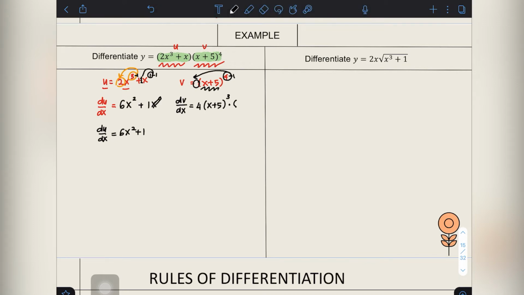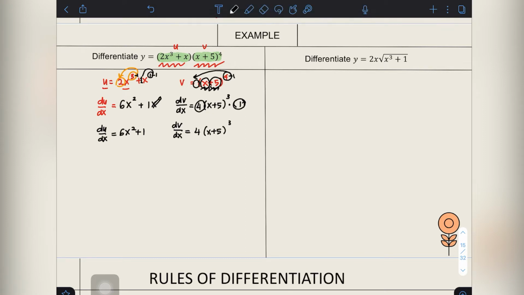Okay, so differentiate x, you will get 1. Differentiate a constant, you always get 0. So differentiating inside the bracket, you get 1. So you can write your dv/dx equal to 4 multiplied by 1, is 4(x plus 5) to the power of 3.